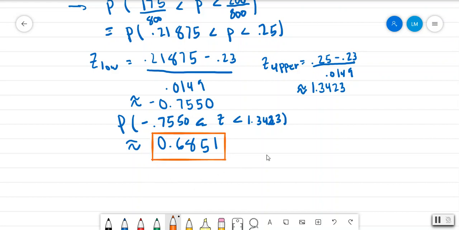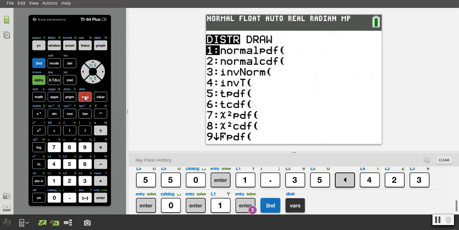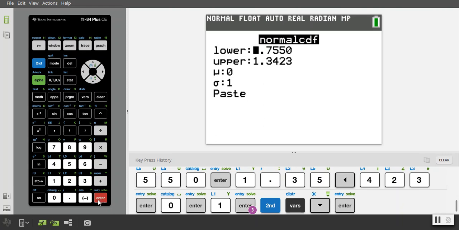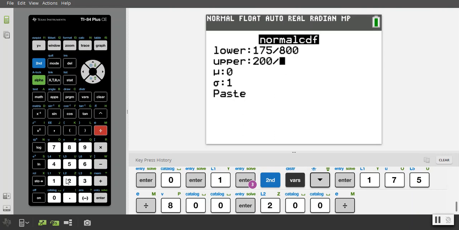However, there's another way that we could have done this. Let's not even concern ourselves with z-scores. We can go to normal CDF and just type in 175 divided by 800, 200 divided by 800 also.